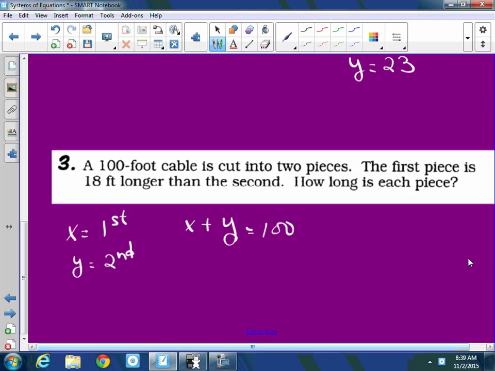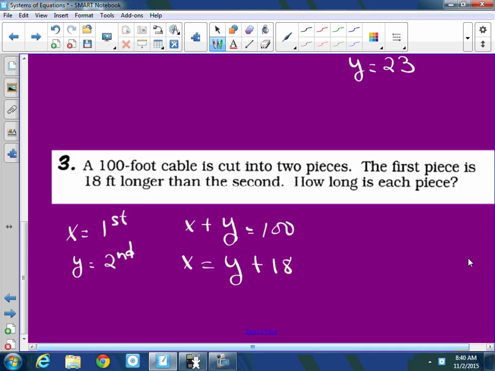All right, so the first piece is, how do I translate that? X is my first piece. X equals, very good, 18 feet longer. Whatever's after "then," you have to write first. What's after "then"? The second, what's the second? Y, and if it's longer, that's plus 18.